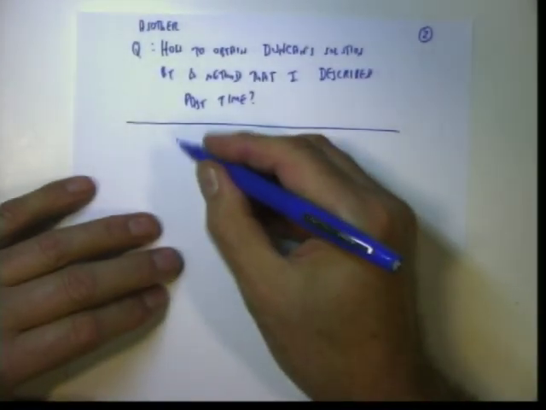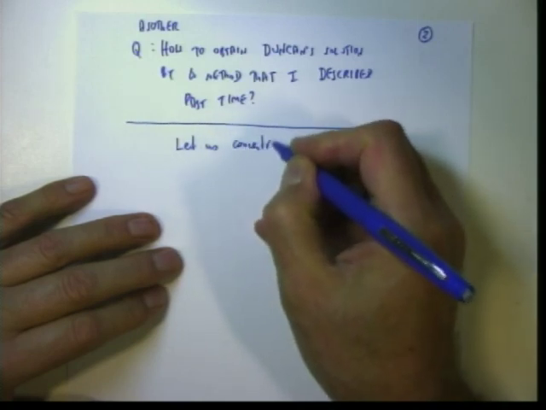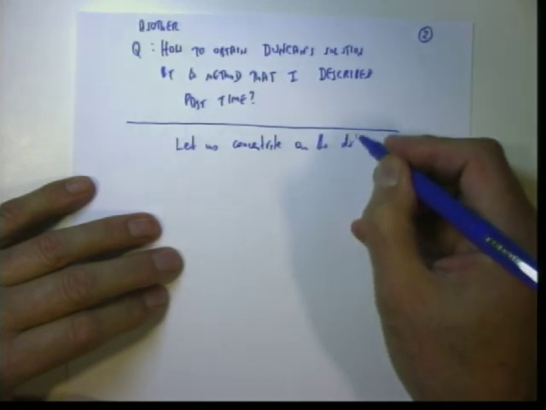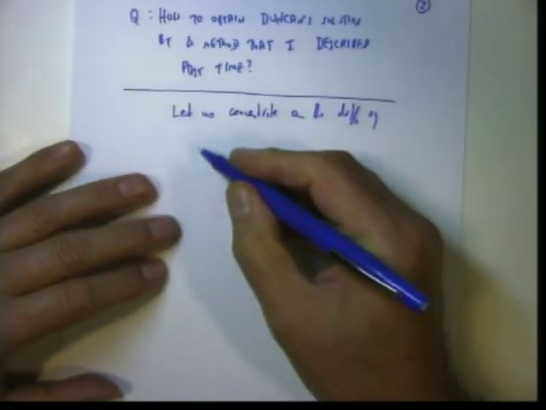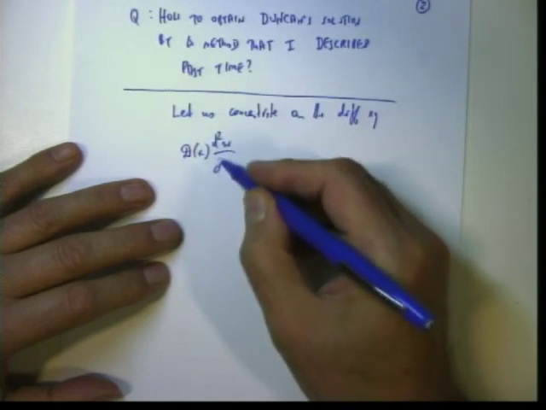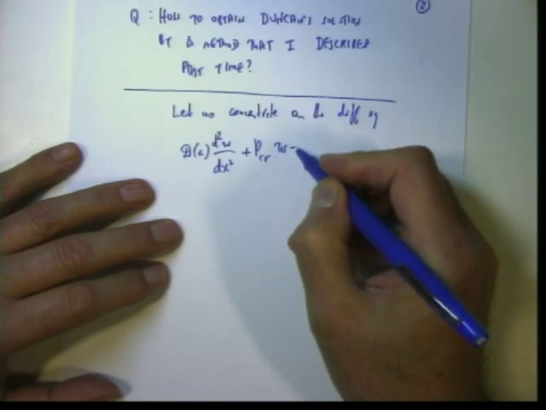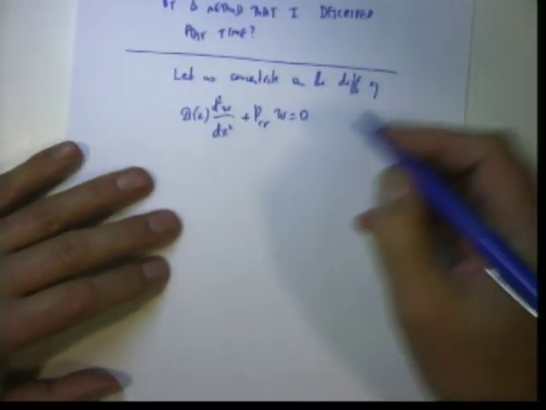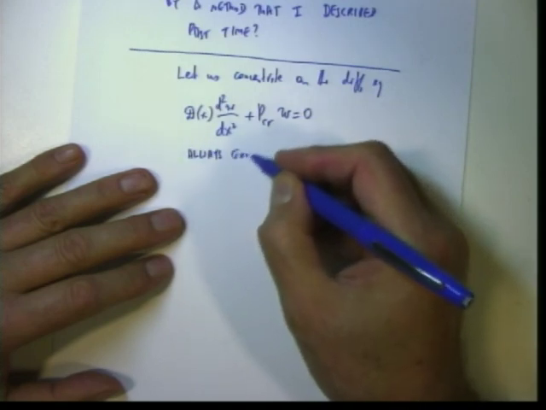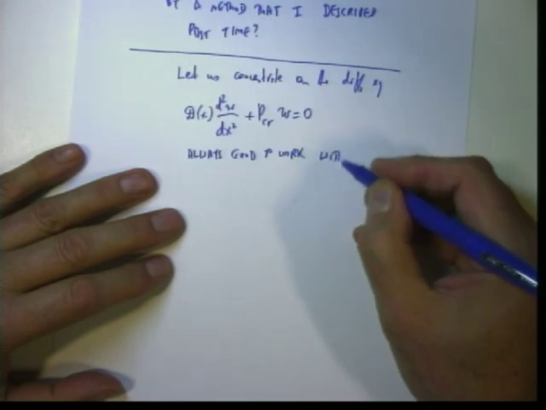So first of all, let us concentrate on the differential equation. So that is D of x, d2w dx squared plus P critical w equals 0. It's always good to work with non-dimensional coordinate.